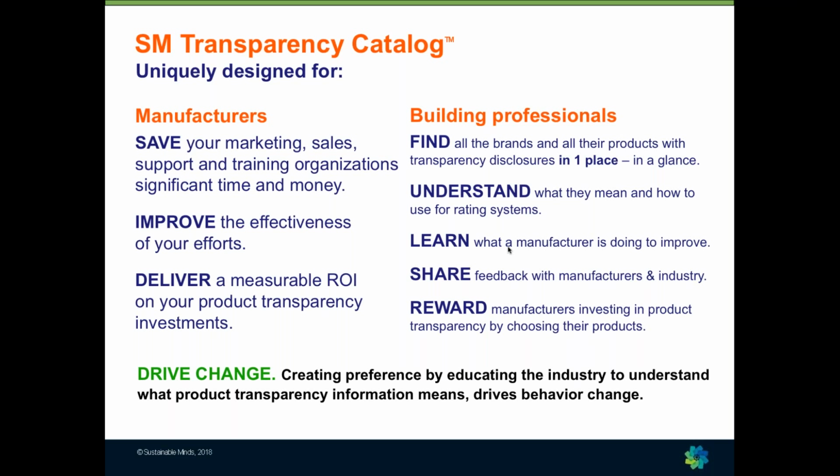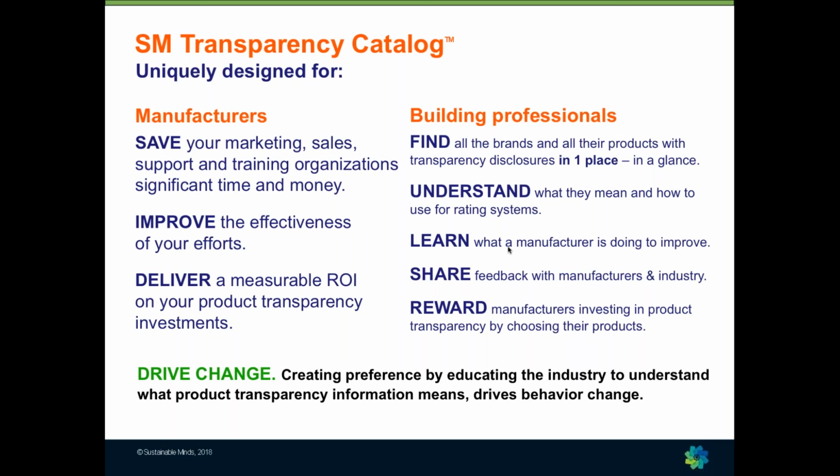For building professionals, it's designed to help them find all the brands and all their products in one place, understand what those disclosures mean and how to use them to earn rating system credits, learn what a manufacturer is doing to improve, and be able to share feedback both with manufacturers and with their own peers and organizations.